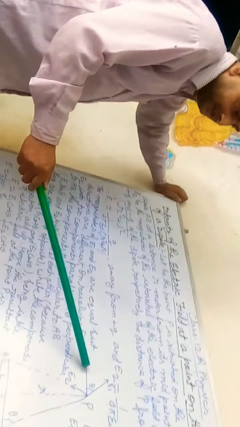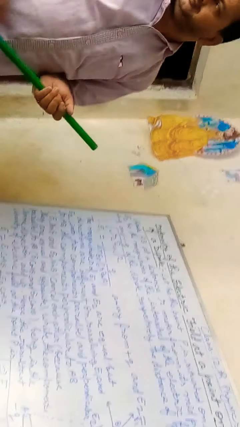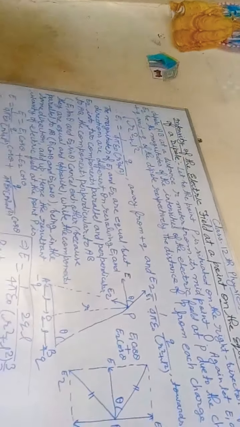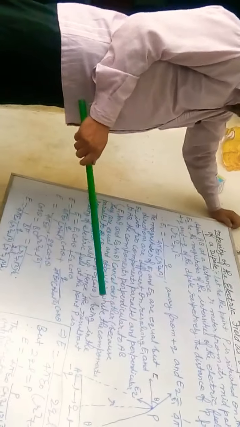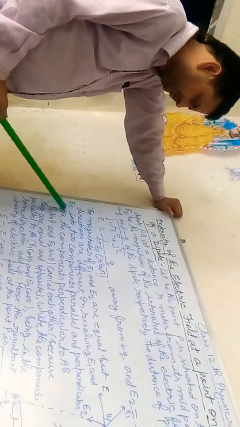Now resolve the electric fields E1 and E2 into two components. One component is parallel to AB and the other is perpendicular to AB.